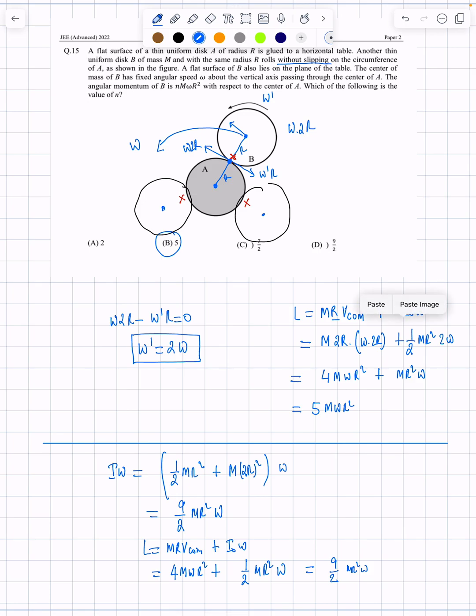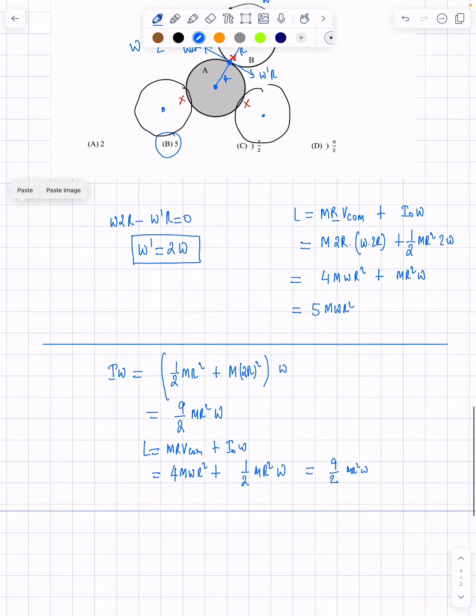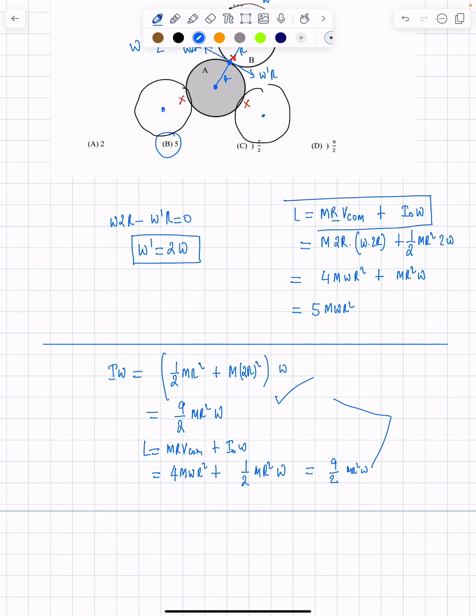That's why the disk B's angular velocity around its own center of mass is actually omega. So you can use either the parallel axis theorem or the same equation we derived for translation and rotational motion, and you'll get the same answer using either approach. Just remember this expression, and you can use it to calculate angular momentum when both translation and rotational motion are involved.